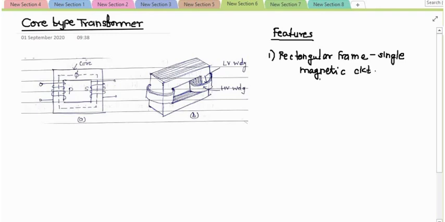So the built-up laminated core forming a rectangular frame provides only a single magnetic circuit. This one is your single magnetic circuit, meaning only one path for the flux. That's why it is called a single magnetic circuit. The windings in the core type of transformer are normally cylindrical in form.